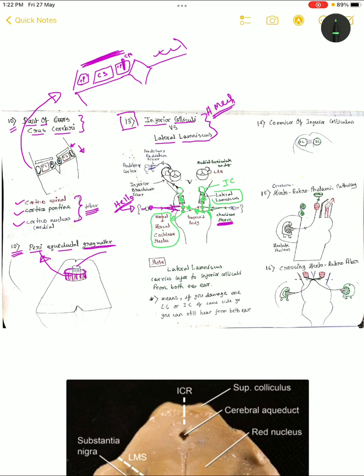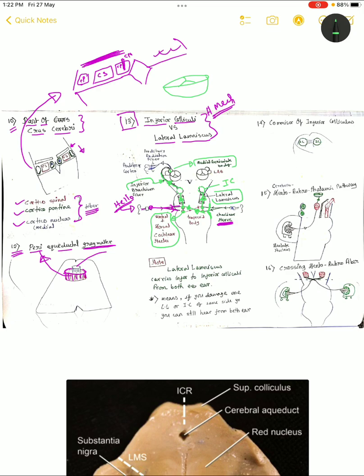From the inferior colliculus, some fibers emerge like this, and these fibers are known as the inferior brachium. Then where are they going? To this nucleus, which is located posteriorly with respect to the thalamus. So what is this nucleus known as? The medial geniculate body. Okay. So focus on this large diagram if you are having problems.